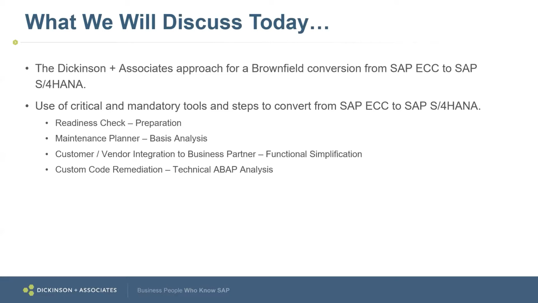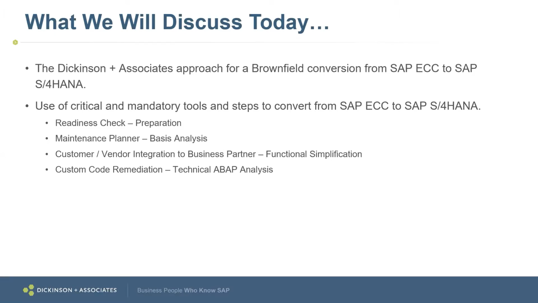So to look at that specifically, we will first introduce an approach for a brownfield conversion from ECC to SAP S/4HANA. Some critical and mandatory tools that have to be utilized as part of a conversion are the SAP Readiness Check, the SAP Maintenance Planner, the Customer Vendor Integration for Business Partner, and Custom Code Remediation.